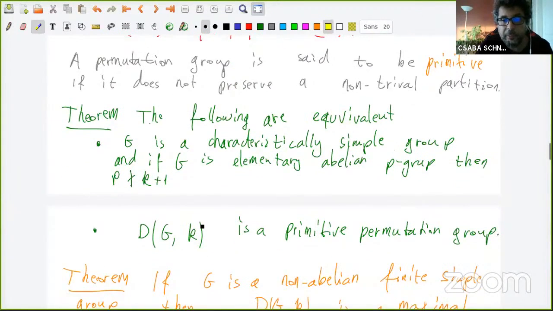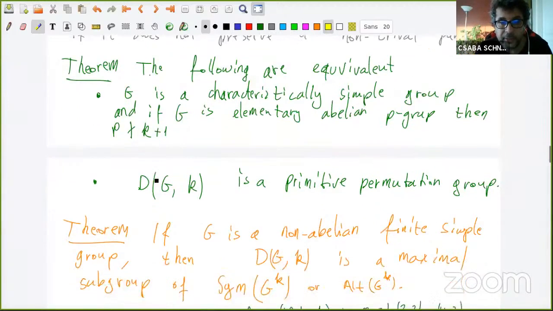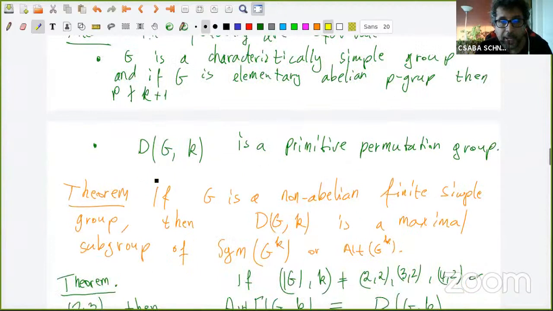It's going to be primitive if and only if the starting group G is characteristically simple, and if G is an elementary abelian p-group, then the prime p does not divide K plus 1. This result holds for finite groups and for infinite groups. So we get exactly when this group is primitive.